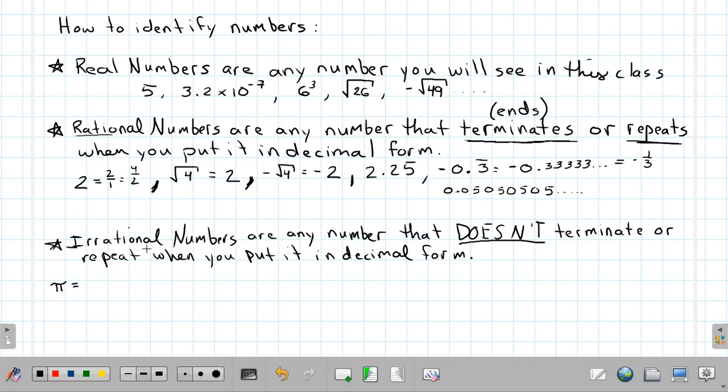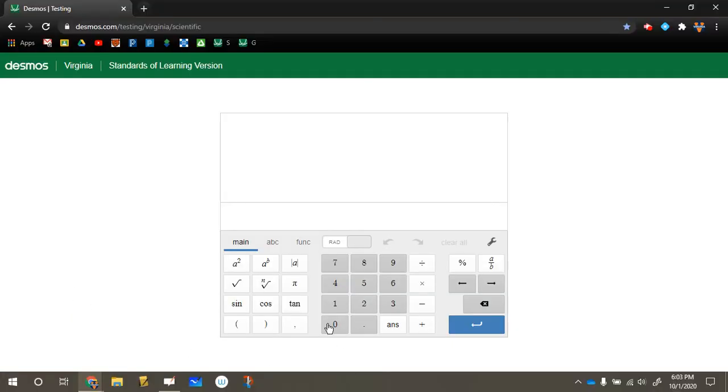Okay, so if you actually go to your calculator, type in the number pi here, okay, then you'll see that the number pi is 3.141592654. Now, the one gripe that I do have with this calculator is this isn't truly what pi is. Pi actually continues on.